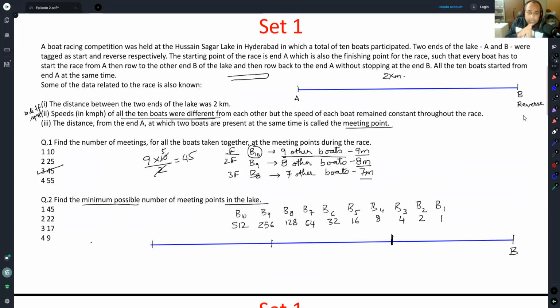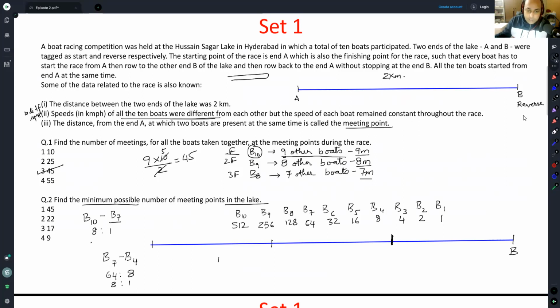Basically, I want the speeds of boats to be in a GP, because whatever meeting point you want to have, the ratio of speeds can be replicated by boat 10 and something. Let's say I want to look at the meeting point of boat 7 and boat 4. The ratio of their speeds is 64:8 or 8:1. I can get a ratio of 8:1 with boat 10 and boat 7. 512:64 is indeed 8:1.